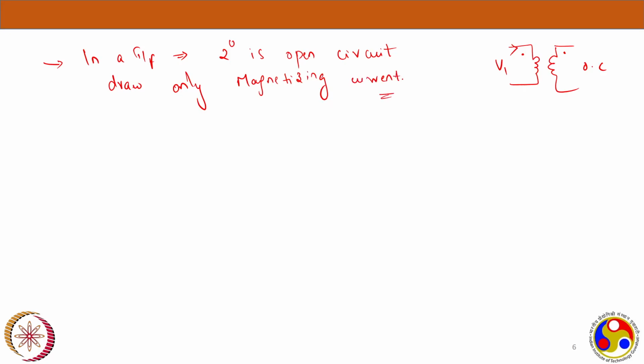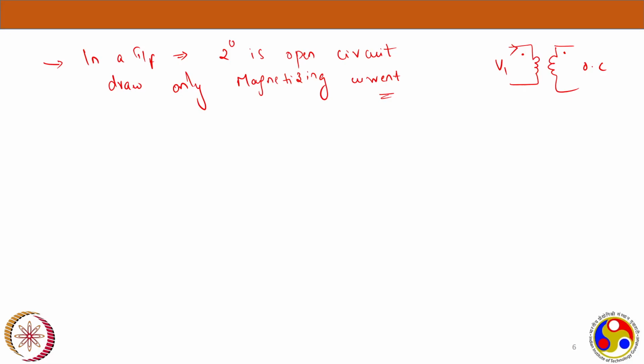But let's say I'm trying to draw some current in the secondary side. So what I will do, I will just connect some load, and the moment I connect some load to the secondary, it will definitely draw some current, because to drive that load, you have to draw some current. The secondary will definitely draw some current.